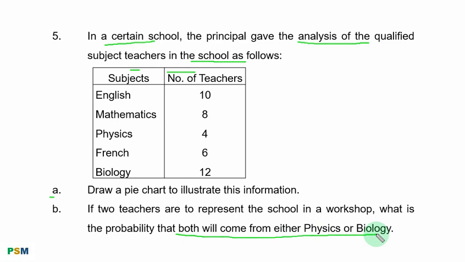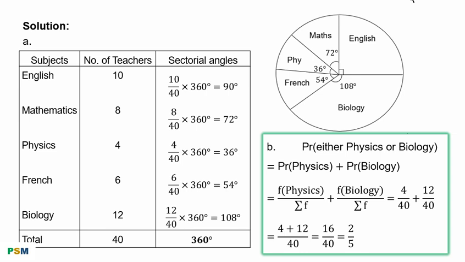In order to draw the pie chart, we need to convert the number of teachers to angle. So in the next table, you add another column with title sectorial angles. Solution.